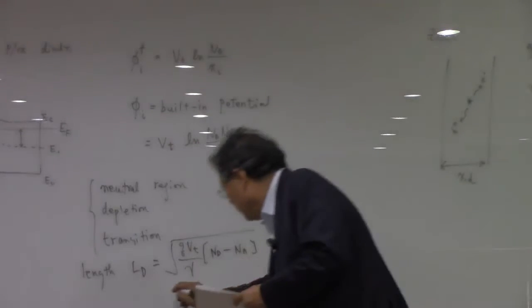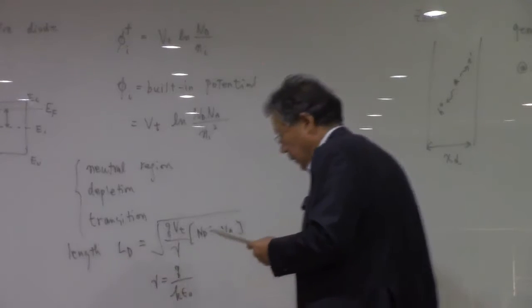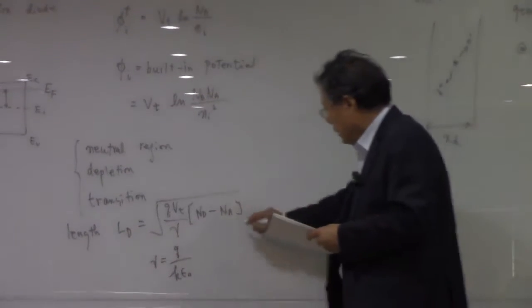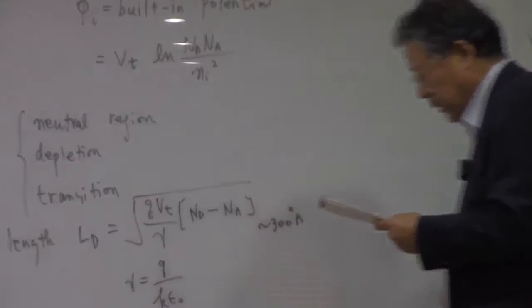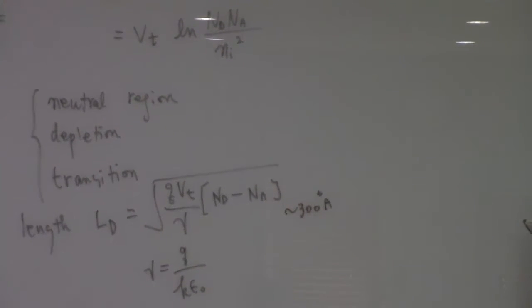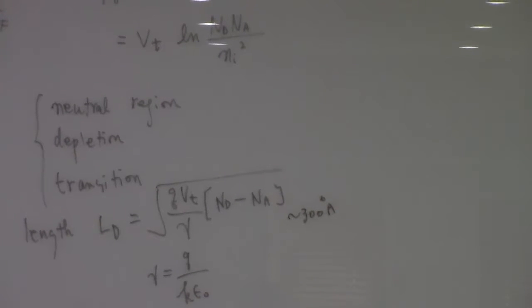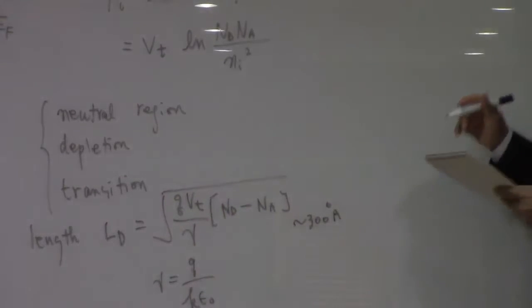Where gamma is Q over K epsilon naught. And that is typically about 300 angstroms, as we discussed the last time. And in the step junction, we assume the transition region is 0. That is the step junction.